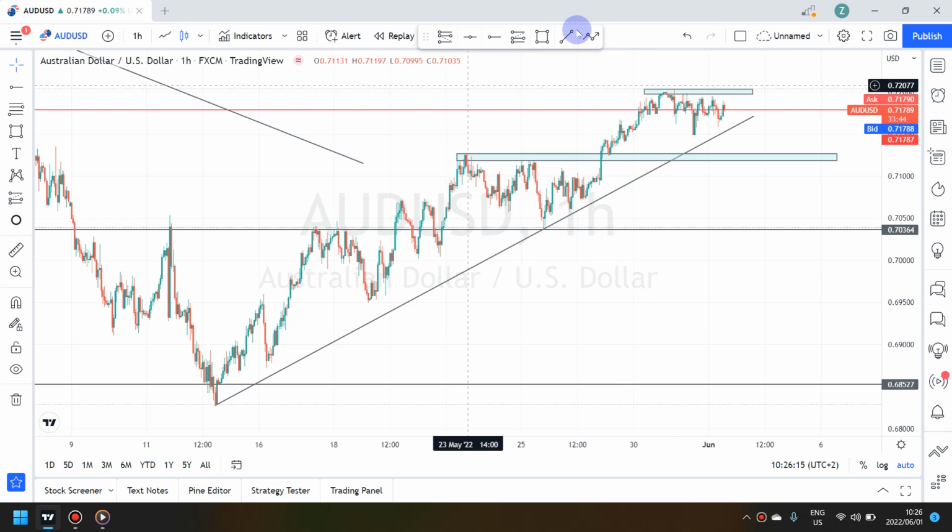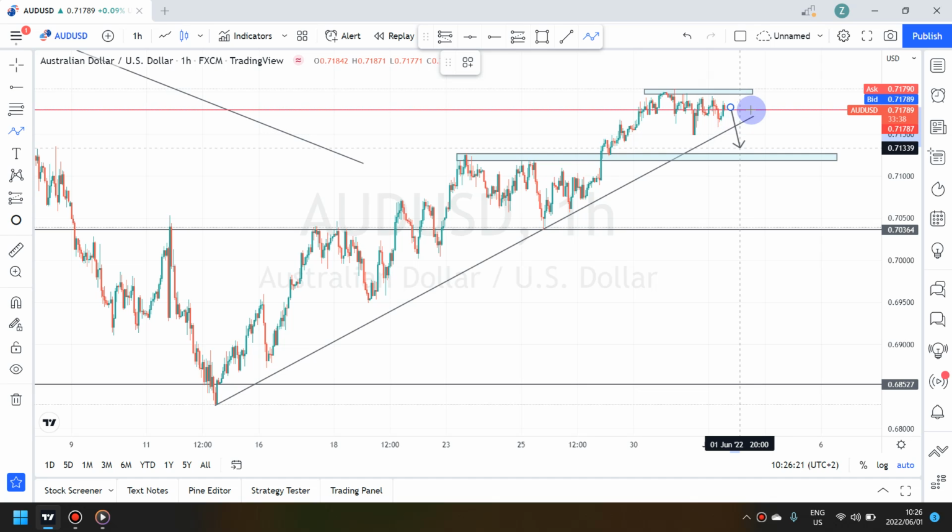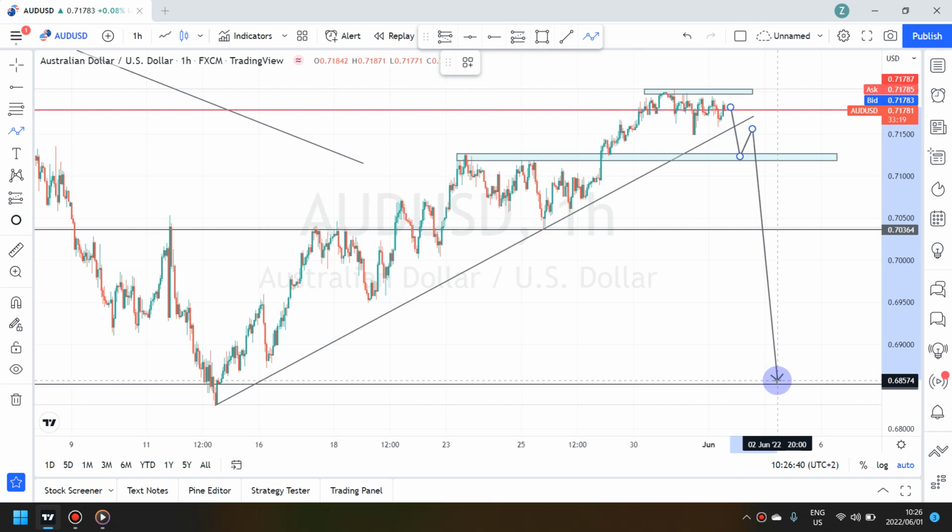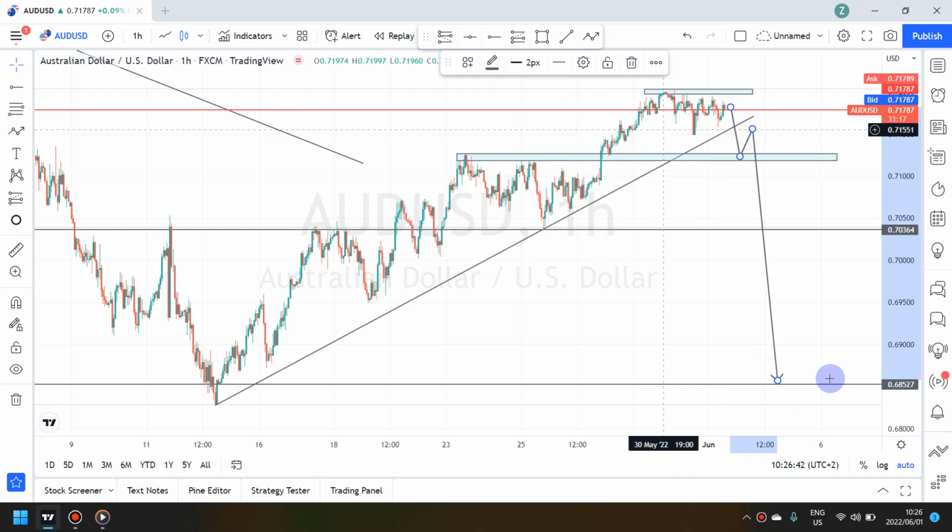So basically, for sales, let me first cater for sales. Should the market respect this key level, push to the downside, reverse to the downside, push back up to retest, and then from there you might look for selling opportunities.